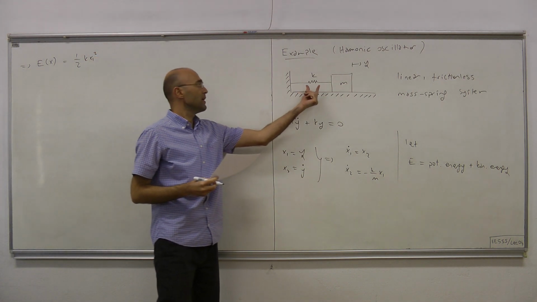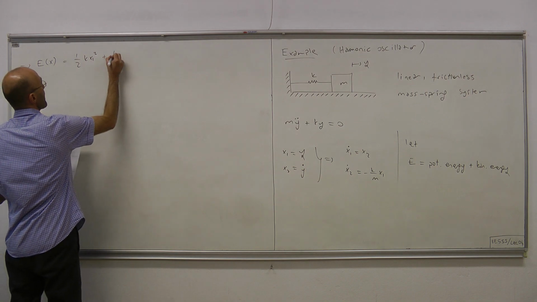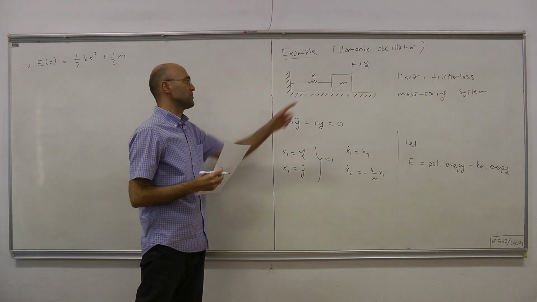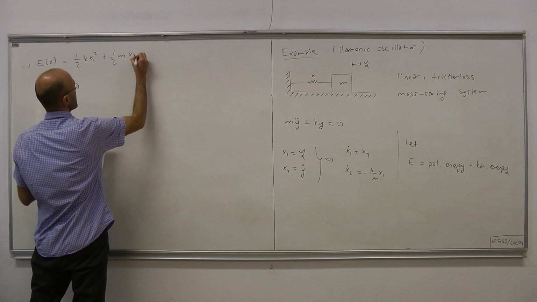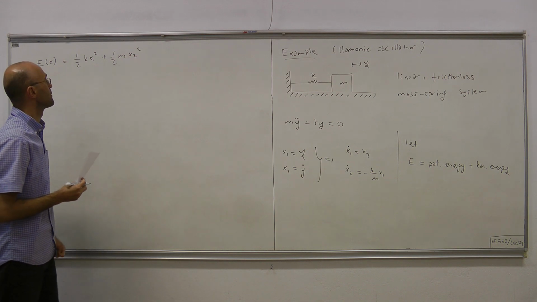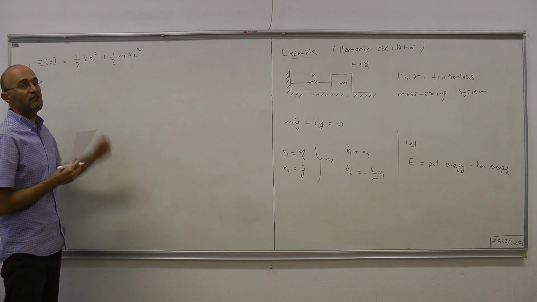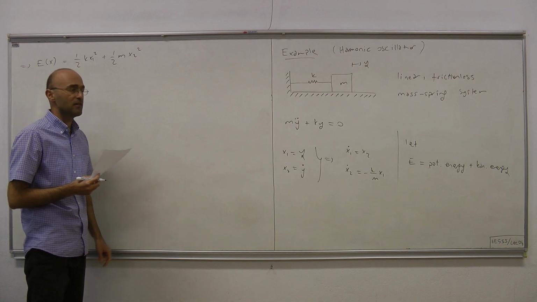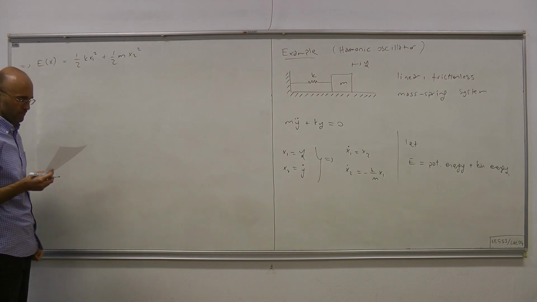That's the energy stored in the spring, plus 1/2 m y dot squared. That's the kinetic energy of the block. And y dot was x2, therefore it's 1/2 m x2 squared. Note that these are never negative, and generally positive. The sum is therefore also never negative. And the sum is what we call the total energy of the system.